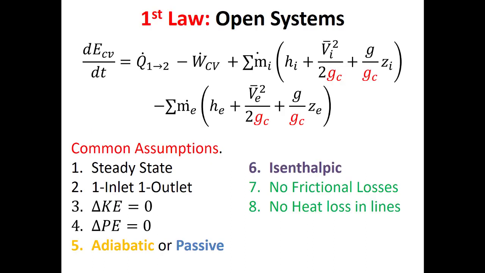If we were doing a first law on an open system, we might assume that it's at steady state, that there's one inlet and one outlet, that there's no change in kinetic or potential energy, that it's adiabatic, passive, or maybe both. If we have a valve, we'll often assume that it's isenthalpic. Remember, that means delta H is equal to 0. And throughout our cycle, we'll generally assume that there are no friction or heat losses in the system.